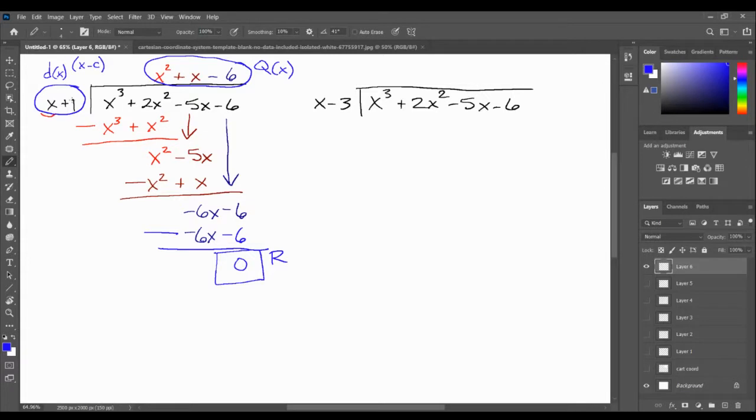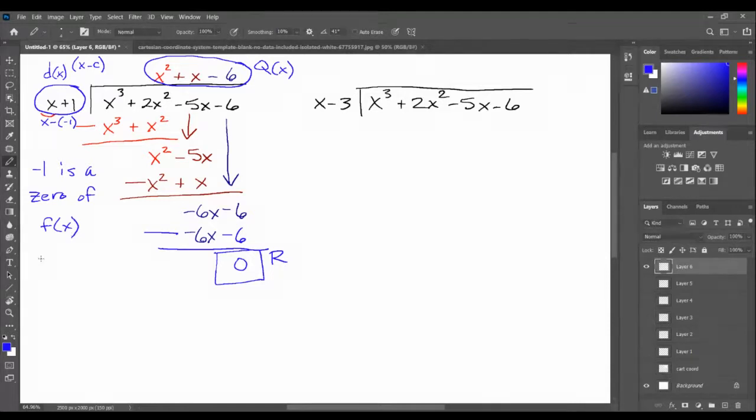And they do that because c is the 0. So this is like x minus negative 1. So negative 1 is a 0 of f of x.